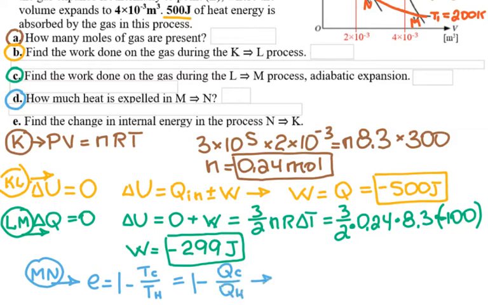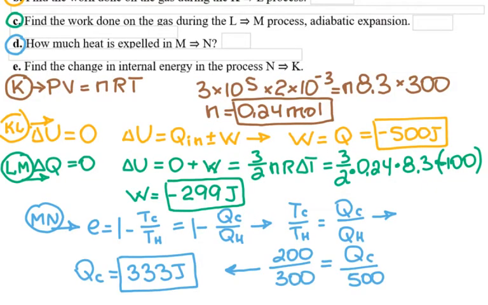And from here I can say that T cold over T hot is equal to Q cold over Q hot. If I plug in my numbers, I have T cold 200 divided by T hot 300, and for heat I have the cold reservoir I'm looking for, and the hot reservoir in the engine is 500, given in the problem.